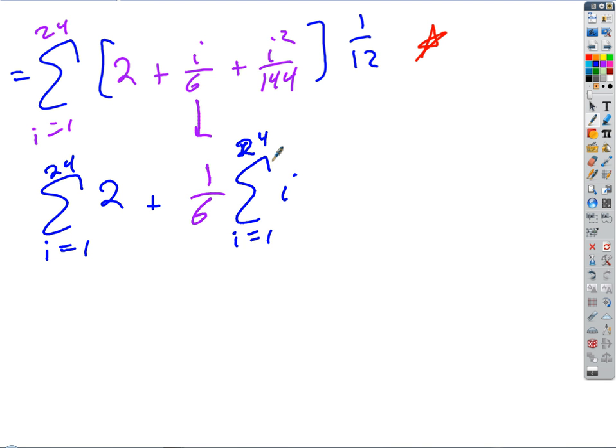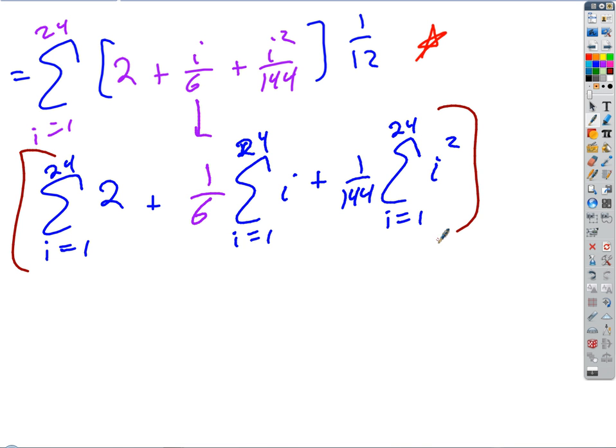And this guy right here, let's pull the 144. Oh, and I have this 1/12 out in front of everything, don't I? Forgot that. We'll do that at the end. Plus 144 times the sum of i squared from 1 to 24. And then when we're done, we'll multiply the whole thing by 1/12.